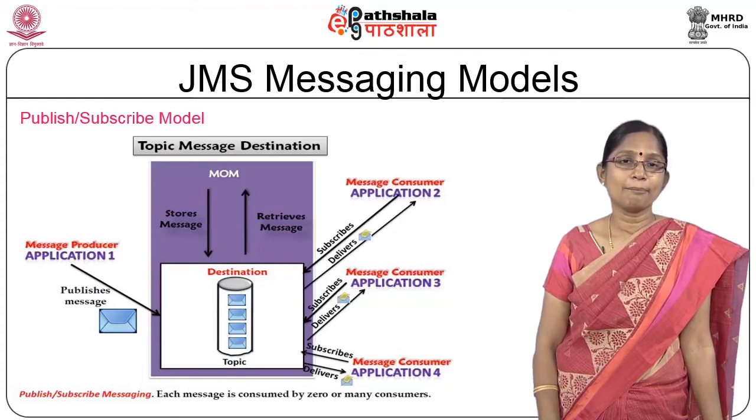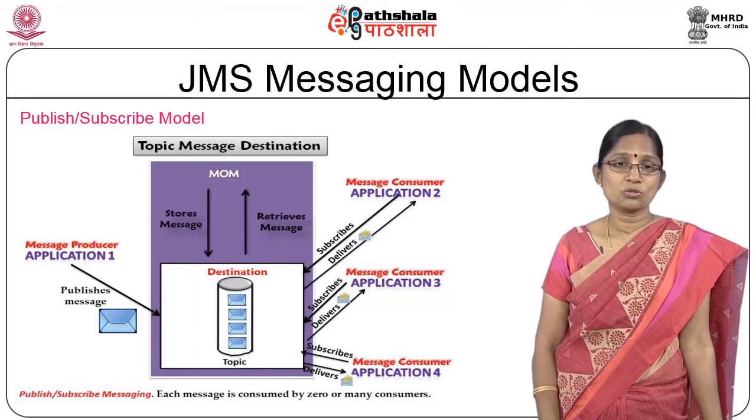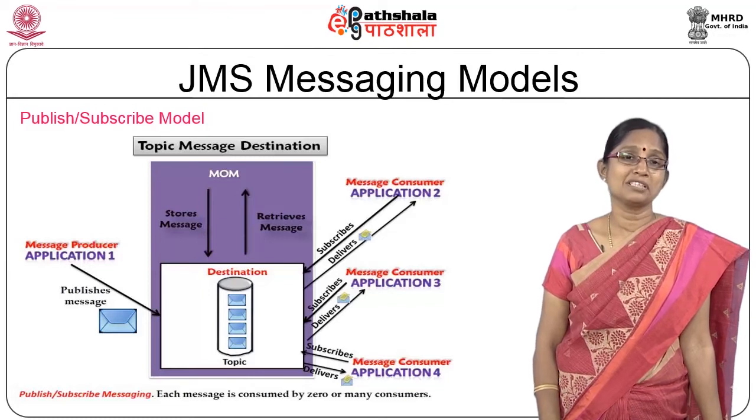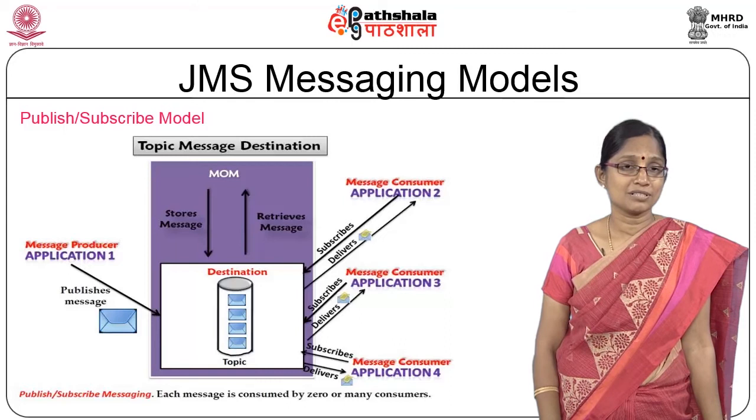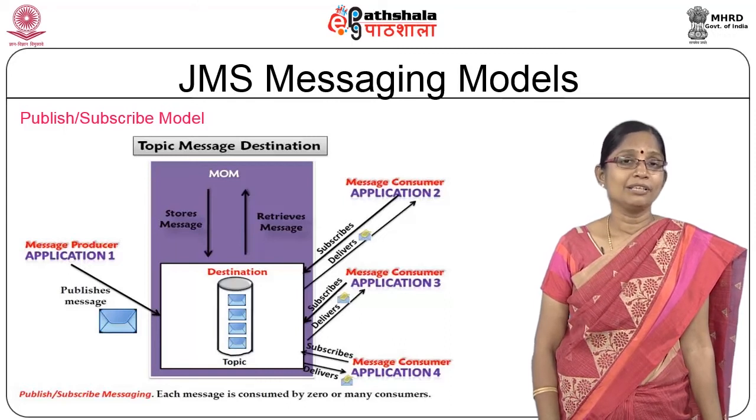You can see that application 2, application 3 and application 4, many message consumers are available. All of these message consumers would first subscribe to the destination saying that I require this message. Once the message is available in the destination, the message would be delivered to all of these consumers. So that is why we say that each message is consumed by 0 or many consumers.